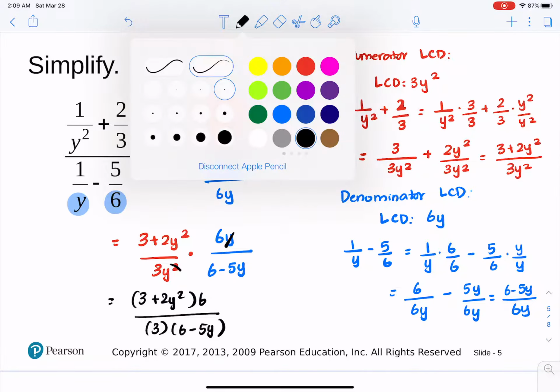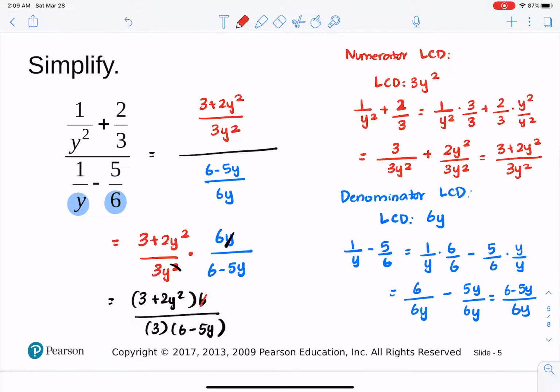I see a 2 or 3 in 6, so that would become 2, and that 3 would go away. So the final answer now is 2 times 2y squared plus 3 divided by 6 minus 5y.